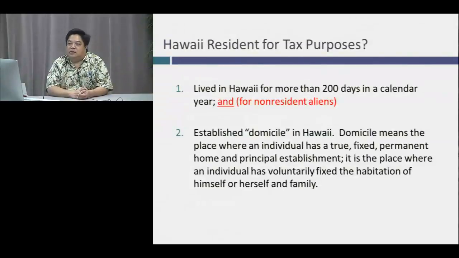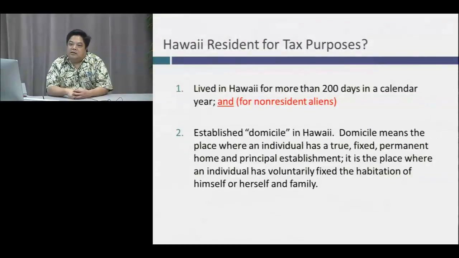What is your domicile? You can find the word domicile in the instruction booklet for N11 or N15, and as I mentioned before, it's on the website. The word domicile means the place where an individual has a true fixed permanent home and principal establishment. It's the place where the individual has voluntarily fixed the habitation of himself or herself and family.